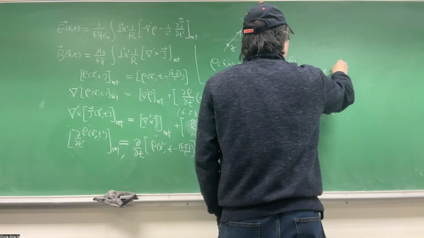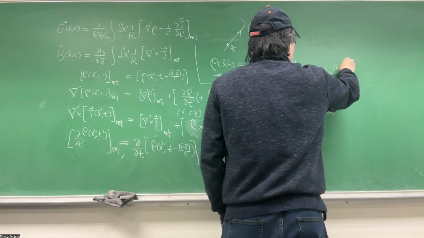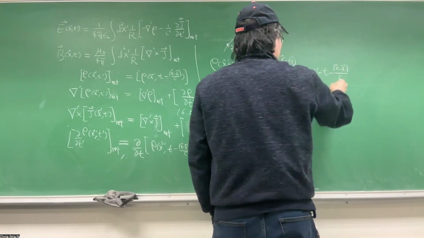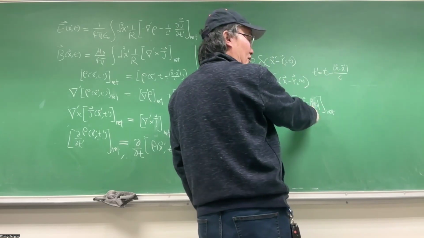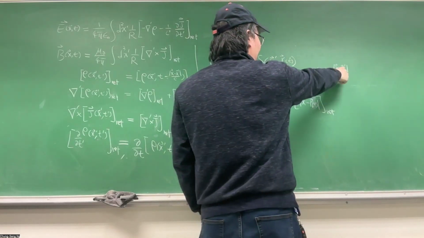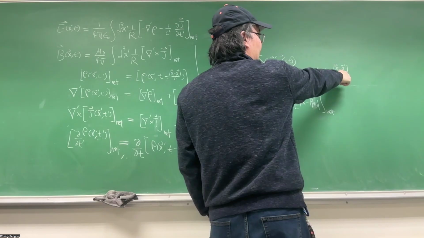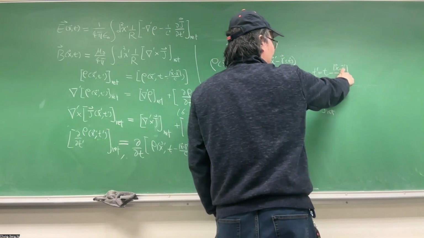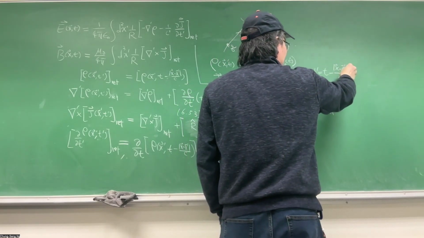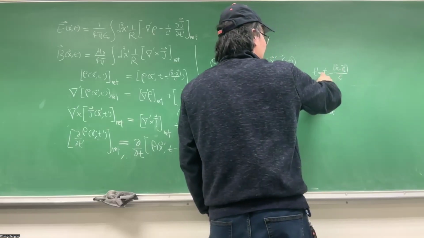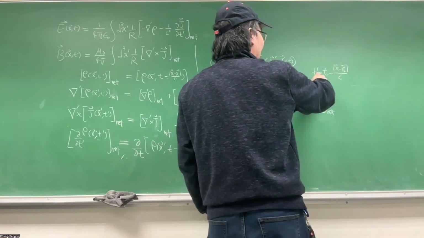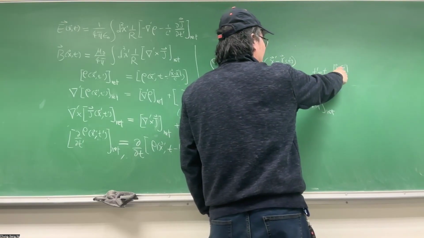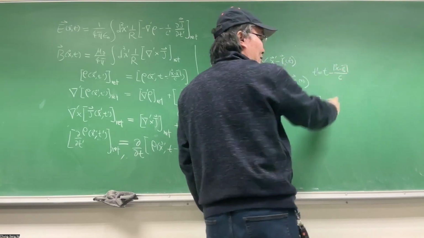Originally t prime is t minus R over c. It's not simply substituting this into the formula, because then there's an x prime here, which you need to change to r sub 0, right? And so you get r sub 0 that depends on t prime, but the t prime is t minus x minus r sub 0. There's another r sub 0 here.